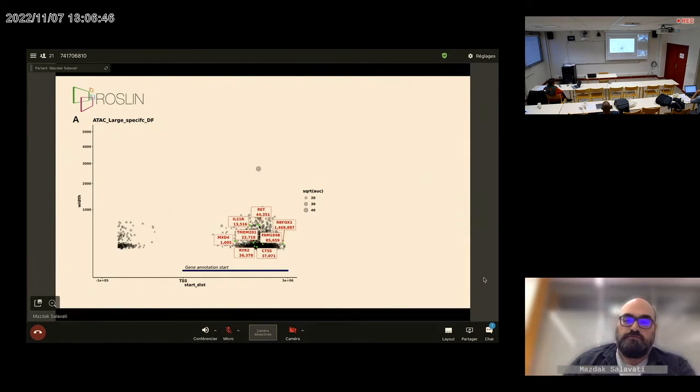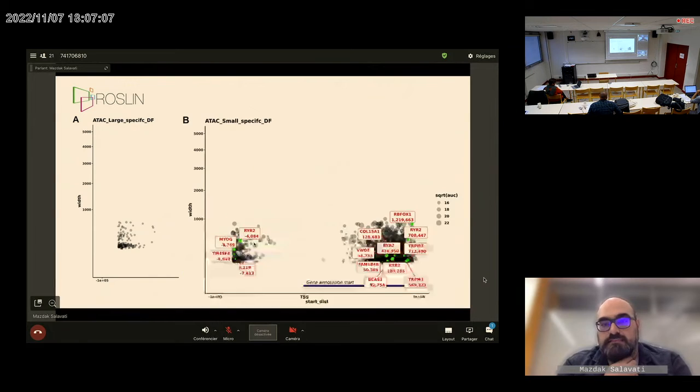I appreciate this is a lot of information, but just to recap, you're looking at the open chromatin regions that are annotated by differentially expressed genes, and those are the ones highlighted in green. And there weren't that many genes in the large size animals that had a specific open chromatin profile associated with them, apart from the RYR2.